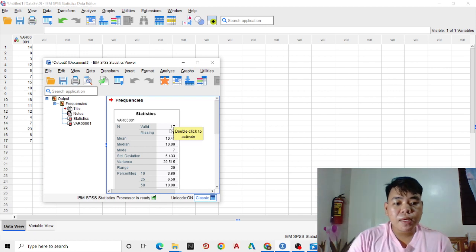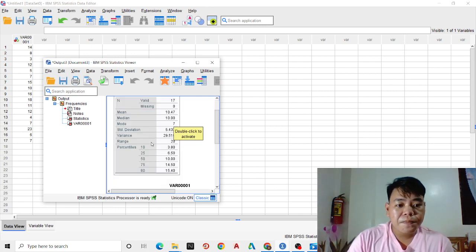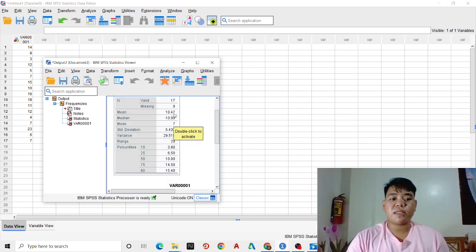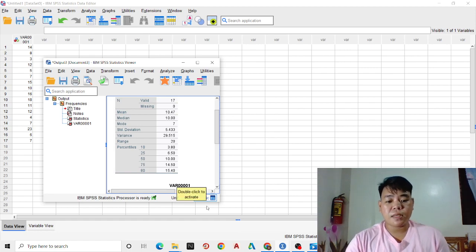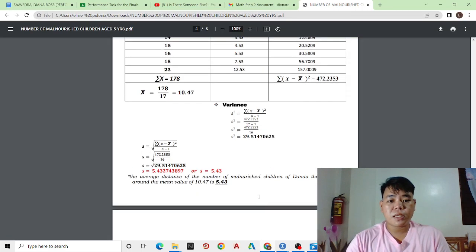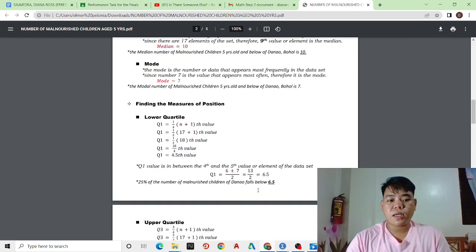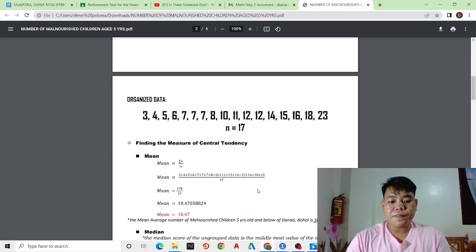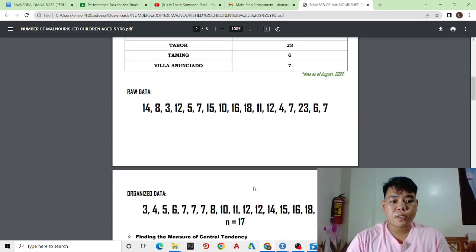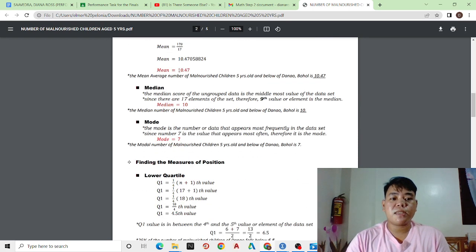So here we can see that the mean is 10.47, the median is 10, and the mode is 7.